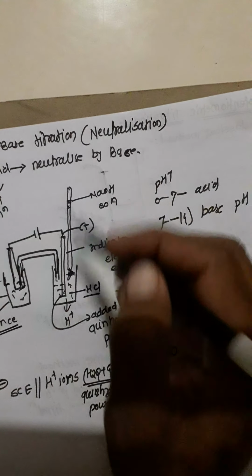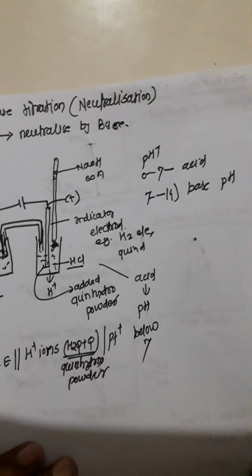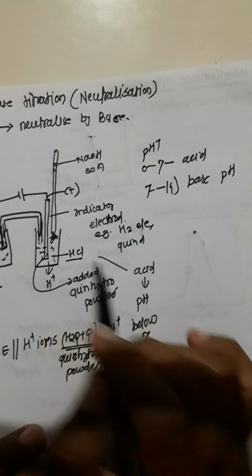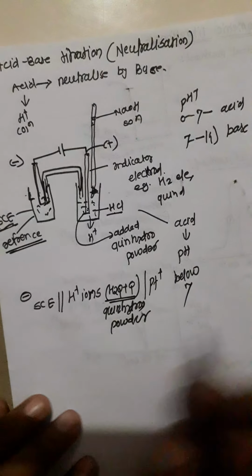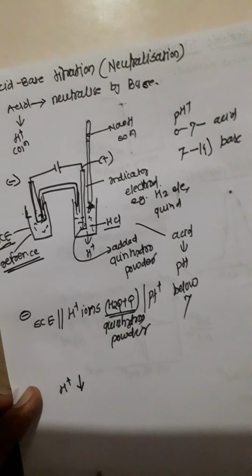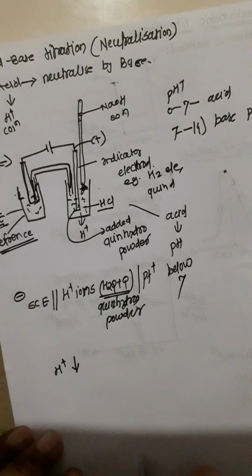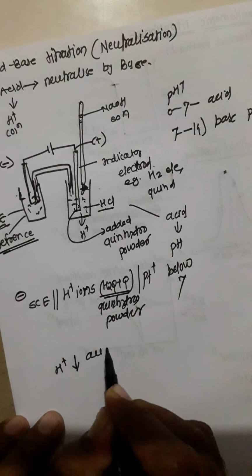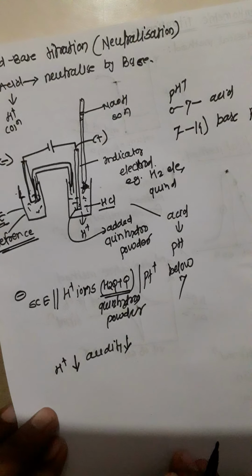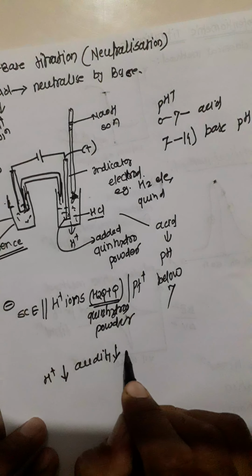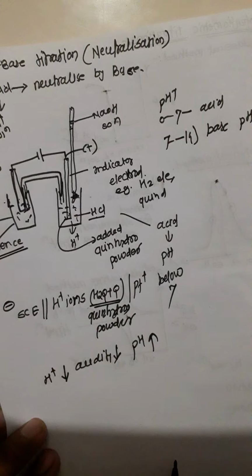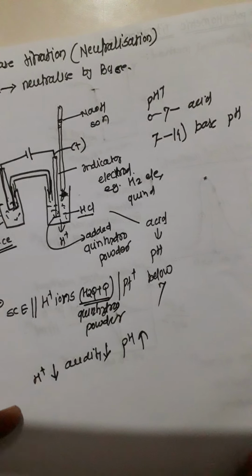Whenever there is addition of any base to HCl, H plus ions decrease. H plus ions decrease means acidity decreases. Acidity decreases means pH increases.